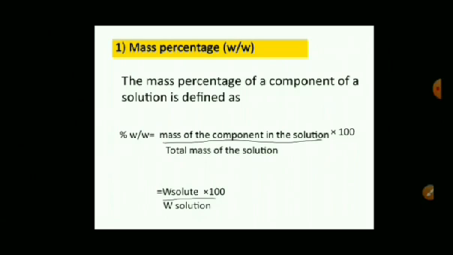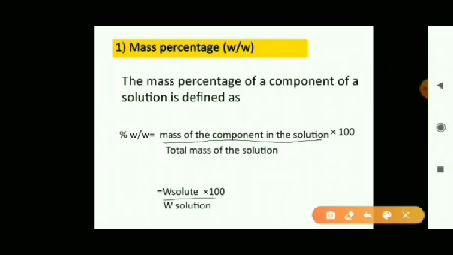So to find percentage weight by weight, what is the formula? Weight of solute divided by total mass of the solution, into 100. So this is your formula to find the percentage weight by weight.